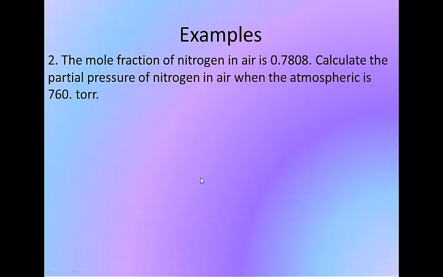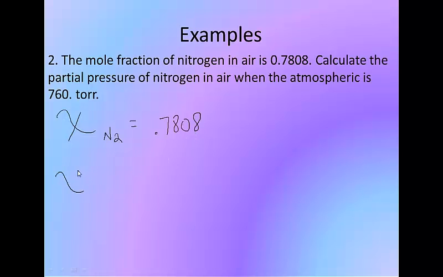Mole fraction of nitrogen in air is given. Calculate the partial pressure of nitrogen in air when the atmospheric pressure is 760 torr. So they give you the mole fraction, and the mole fraction is indicated with a very fancy X. And they give me the mole fraction of nitrogen, and that's 0.7808.